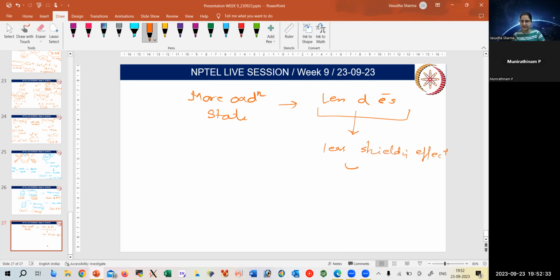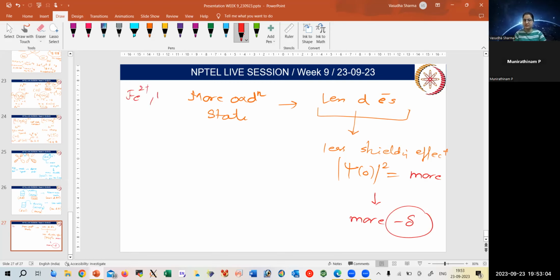That means this s psi square would be more. Sorry, this is opposite. If the shielding effect is less, the s electron density becomes more, so therefore it would be more negative. We saw that earlier in the case of iron in +2 and +3. +3 was on the more negative side, more left side. That is clear?